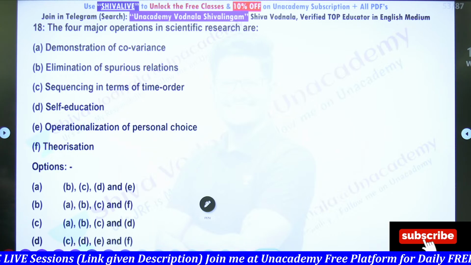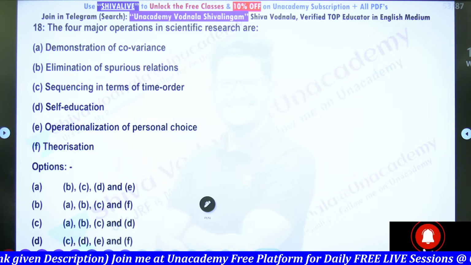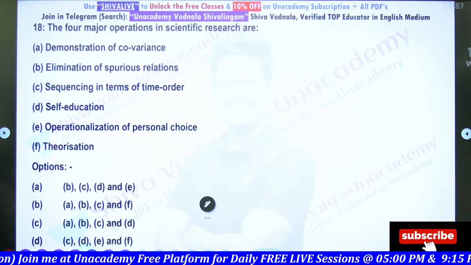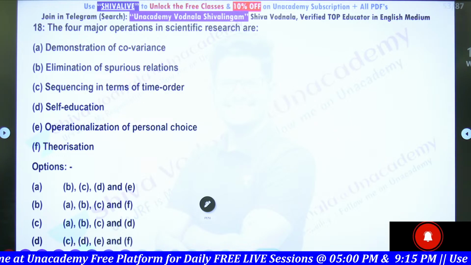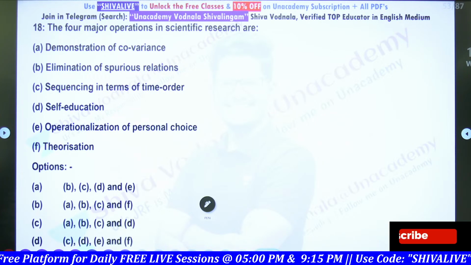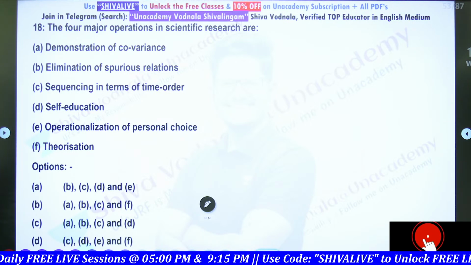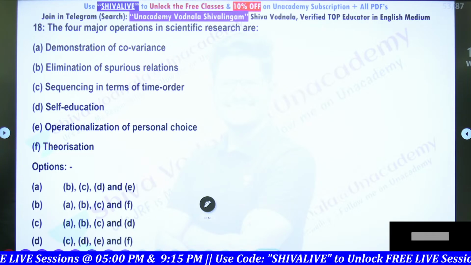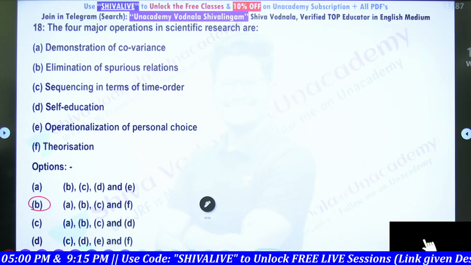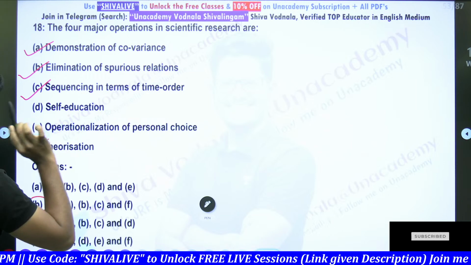The four major operations in a scientific research are: option B is the given answer, A, B, C, F. Demonstration, elimination, sequencing, and F, theorization.